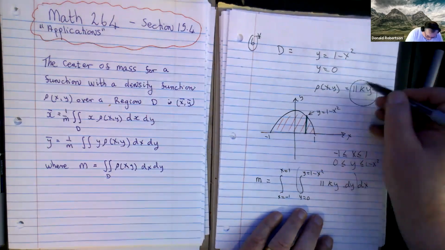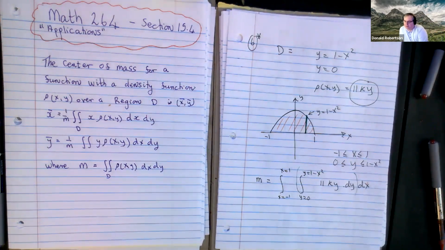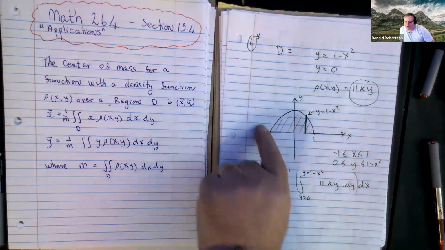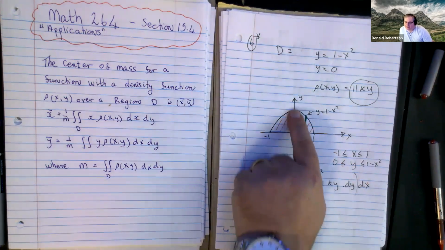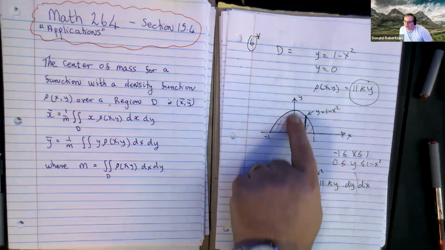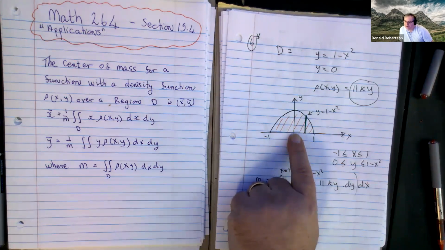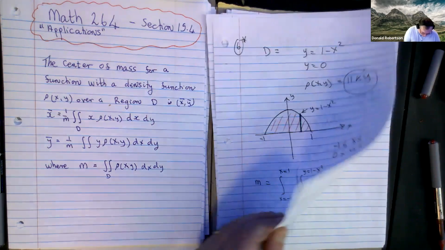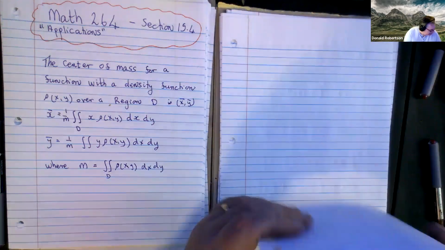Would you agree that the density function has no x's in it? Great. Would you agree that this shape, x equals 0, is exactly in the middle of it, as far as area is concerned? I should have been able to predict x bar as 0 without doing any work. But if I'd done the work, it would still come out as 0.